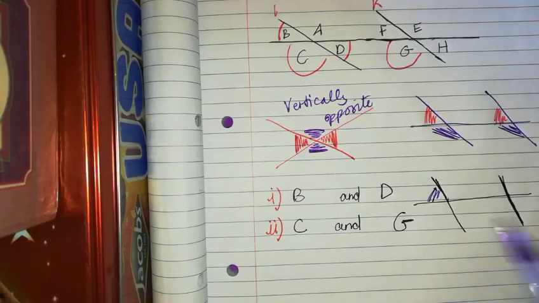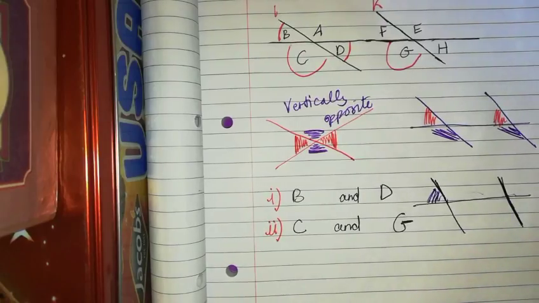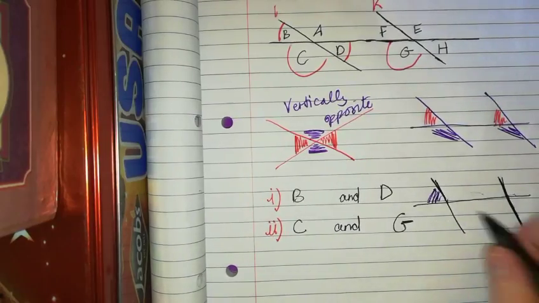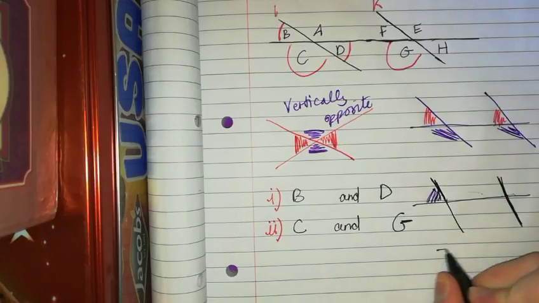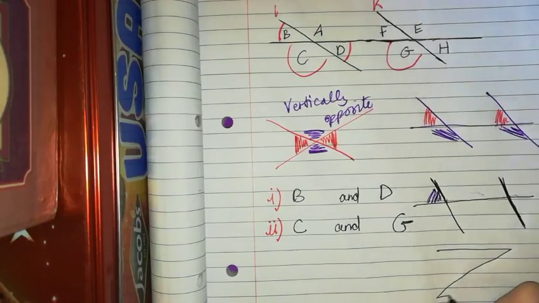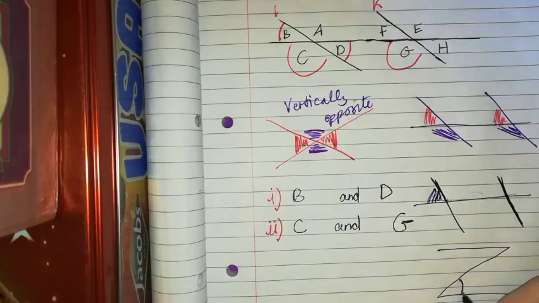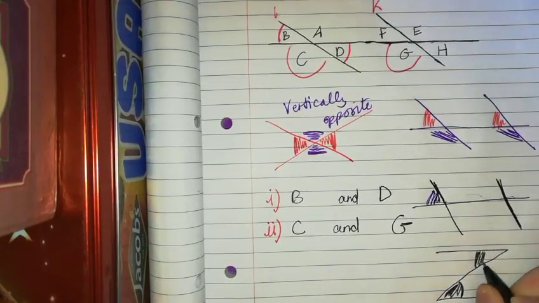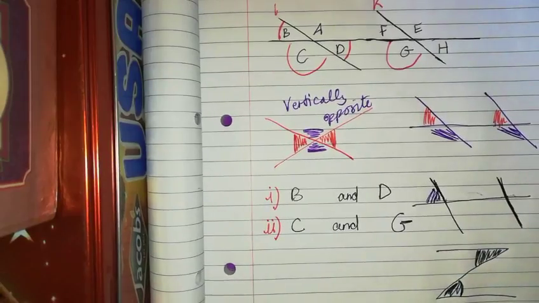So alternate angles, one is kind of like this, and then the other one is a bit like this.